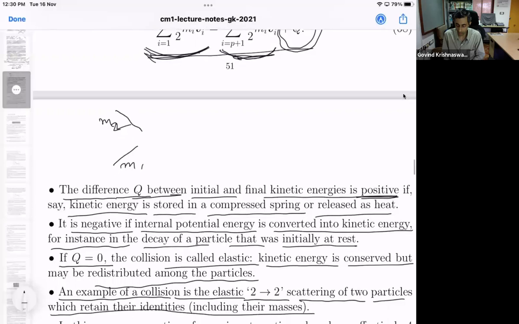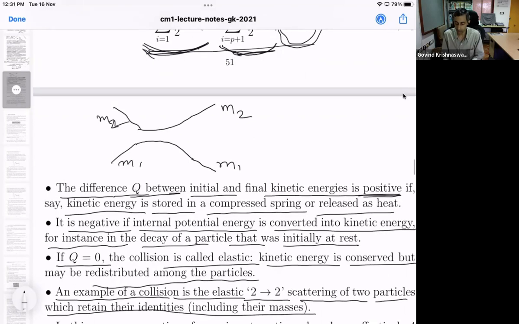They interact and go away, asymptotically following straight line trajectories at constant speed, retaining their identities and masses. In this example, I am trying to convey that this is an elastic 2-to-2 scattering. 2-to-2 simply means two incoming particles, two outgoing particles.